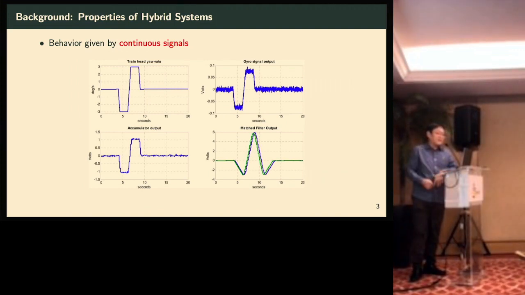If we consider the behavior precisely, then you have to consider these continuous signals, because there are, of course, discrete states, but many important properties are given by changes of these continuous variables over time, like position or velocity. Therefore, you have to consider that.